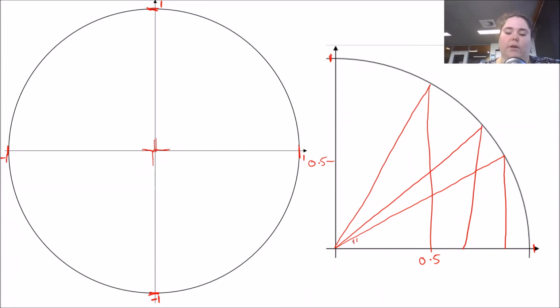My first triangle has an angle of pi on 6, because if I break my circle up, there'd be 6 of them. My next one has an angle of pi on 4. And my next one, pi on 3. So those are the 3 angles that I drew in.